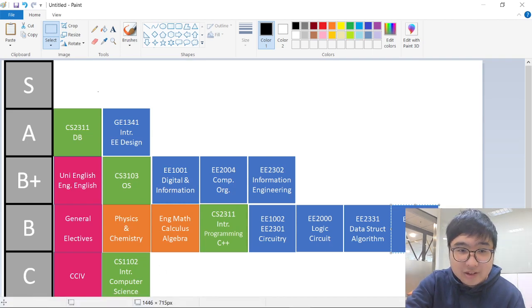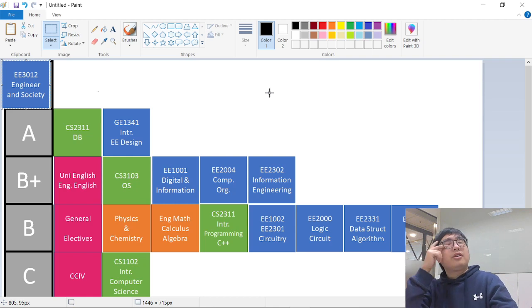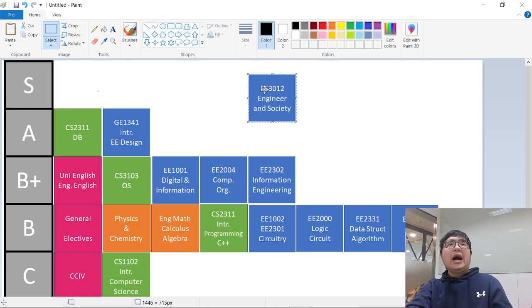Yep. So next up, it's a course called Engineering in Society, which is one of the hated courses in EE. However, I do think it's pretty interesting because unlike all the other courses that are about technical skills and knowledge, this one's more about the soft skills, what you need to be an engineer in society.